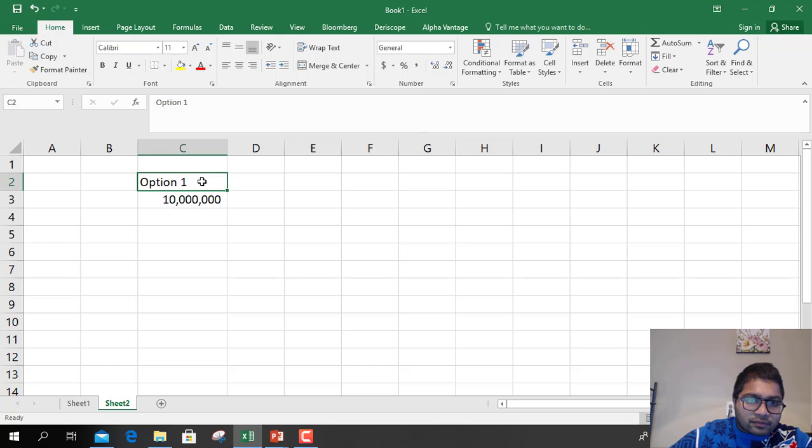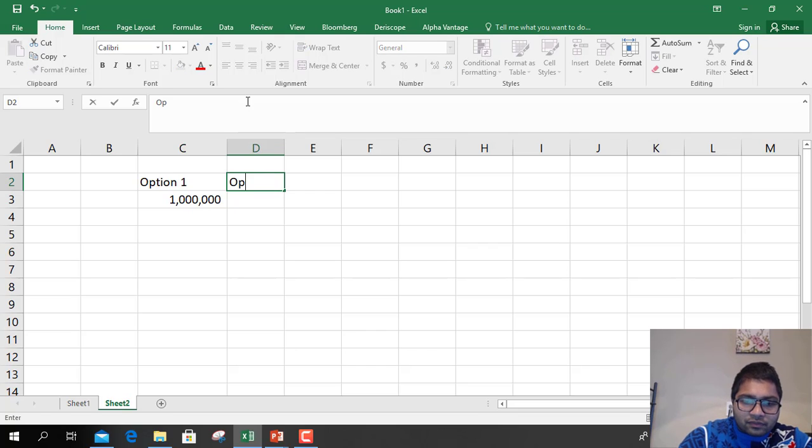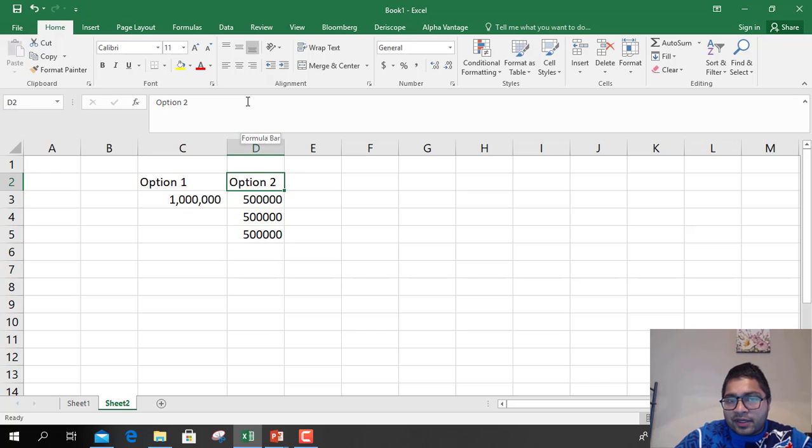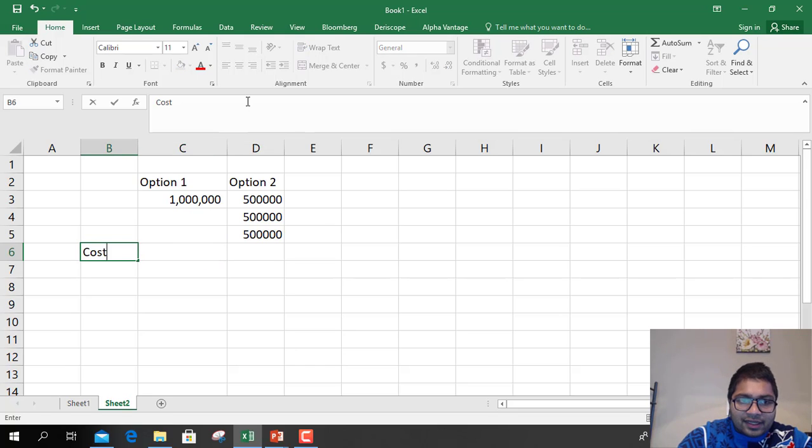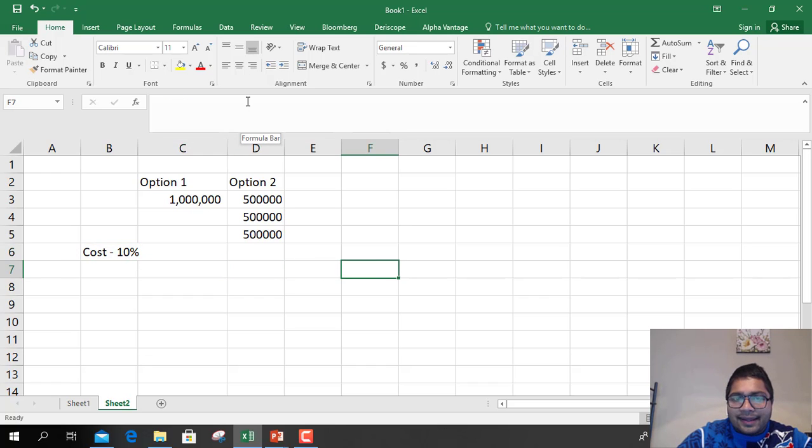Option 2, $500,000 each year. Okay, 500,000 each year. And the cost of capital they are saying is 10%. So the opportunity cost or cost of capital is 10%.